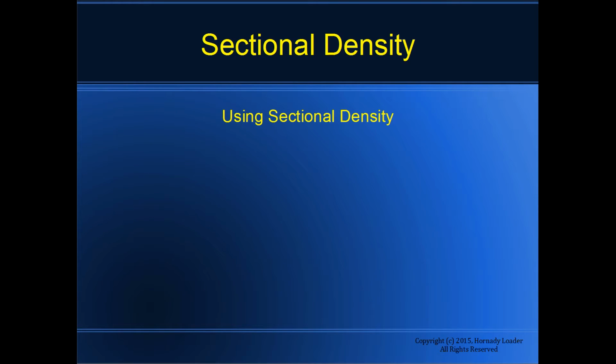Now, what does all this mean in terms of bullet selection? And why did I just spend the last 5 minutes of your life with a math lesson? Well, for us target shooters, sectional density doesn't really come into play in terms of penetration capabilities. For example, an air gun shooting a BB will go through paper.